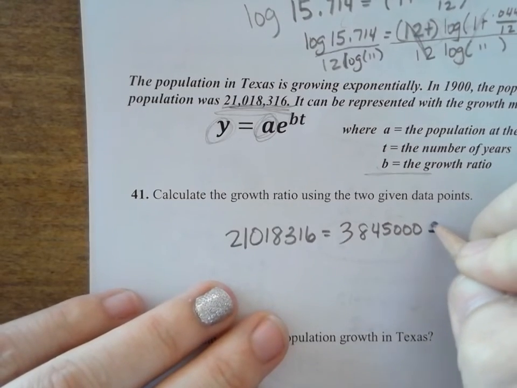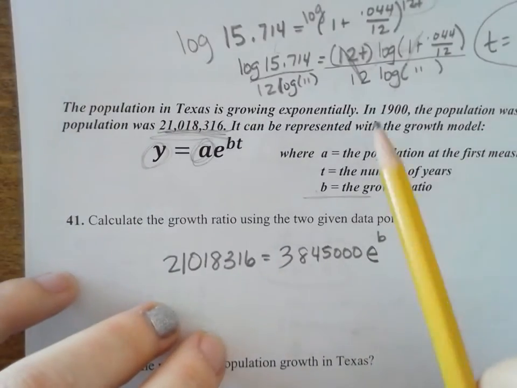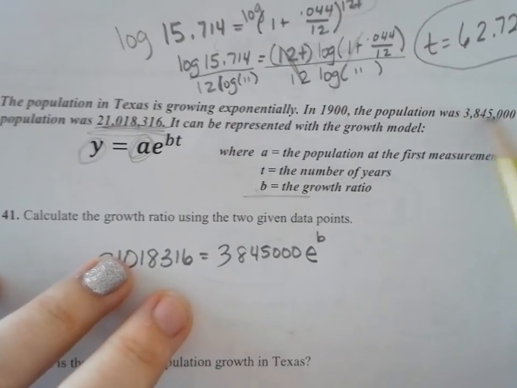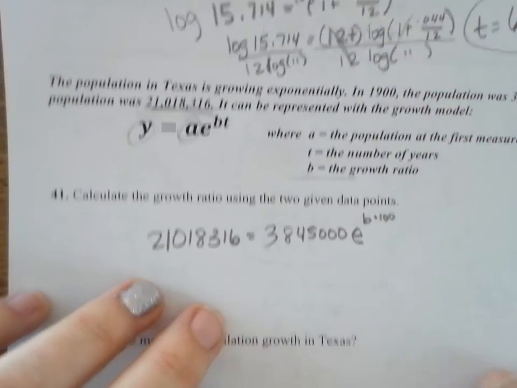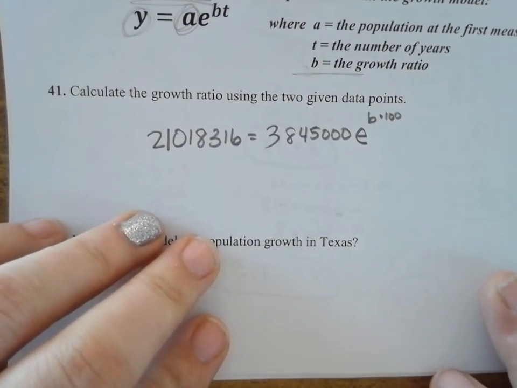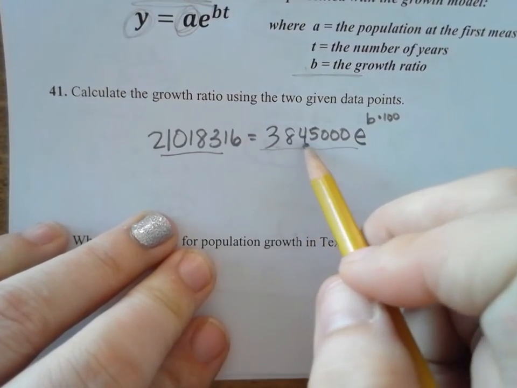E is just a number. I don't know what B is, but if I'm going from 1900 to 2000, that's a total of 100 years. Okay, so I'm going to begin by dividing both sides by 3,845,000.